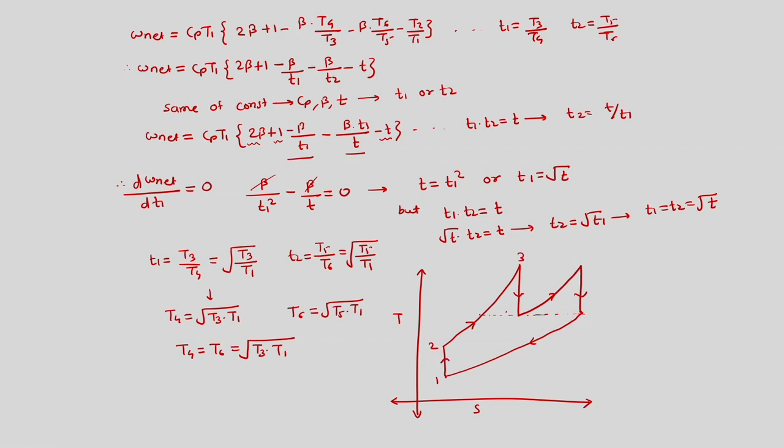Since both the turbines have same pressure ratio and exit and inlet temperatures are same, we mean that WLPT is equal to WHPT. Both the turbines are also doing same amount of work in case of optimum Brayton cycle with heat exchange with reheater in optimum case. So now we can find out efficiency.